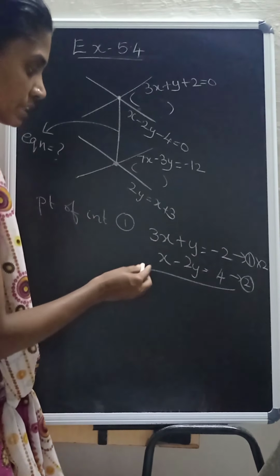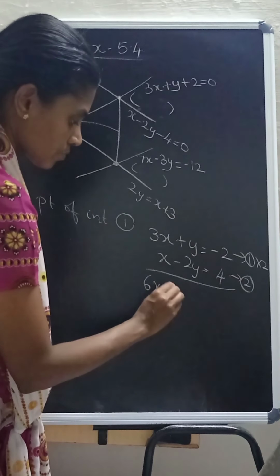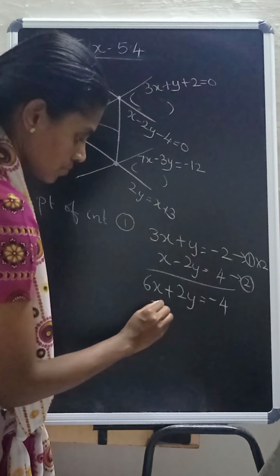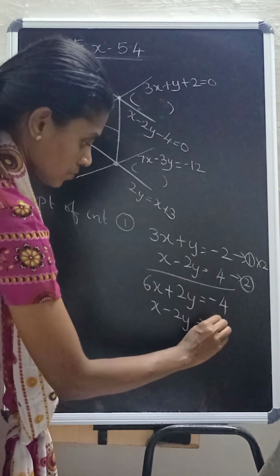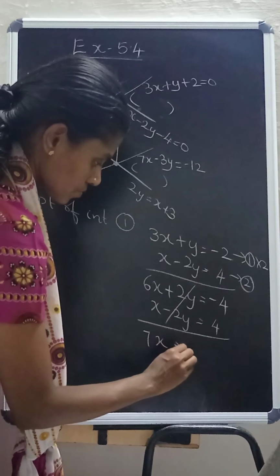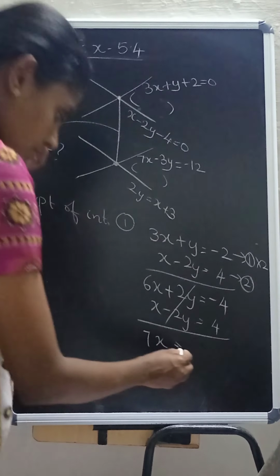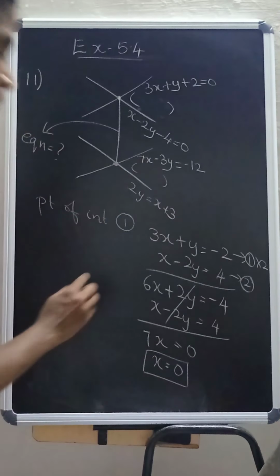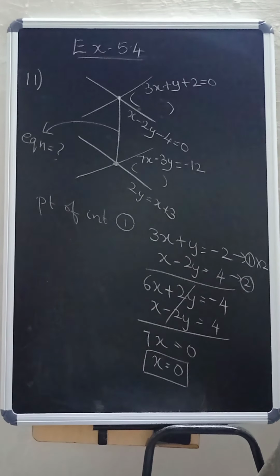I am multiplying the first equation by 2. X is equal to 0.